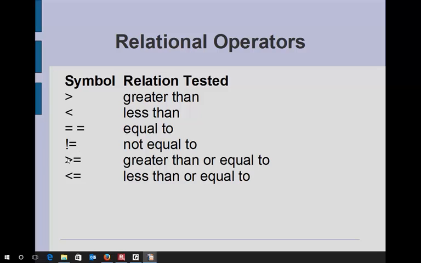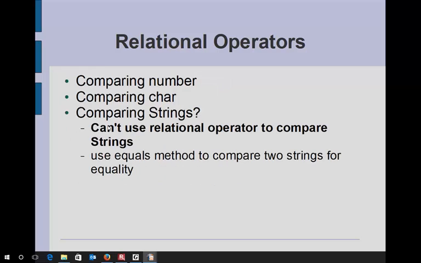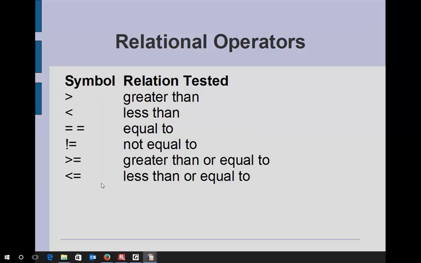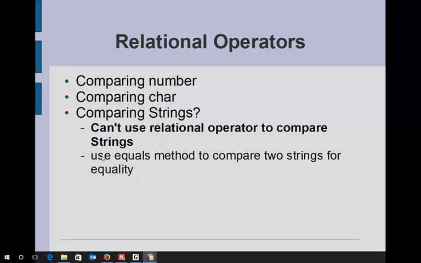This is for not equal, this is greater than or equal to, this is less than or equal to. And I will show you some examples, as we write the code, of how we actually use all these relational operators.